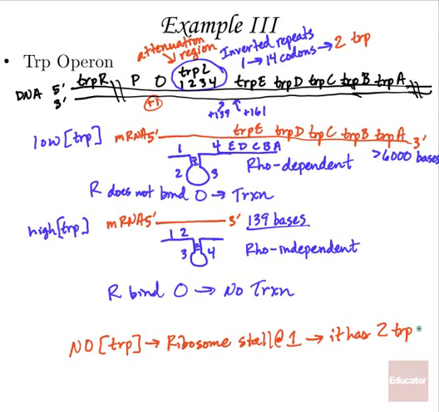So these are just different ways between the lac operon and the trp operon of regulating gene expression, in 2 completely different ways, even though they're both regulating at the same part of transcription, which is the initiation.